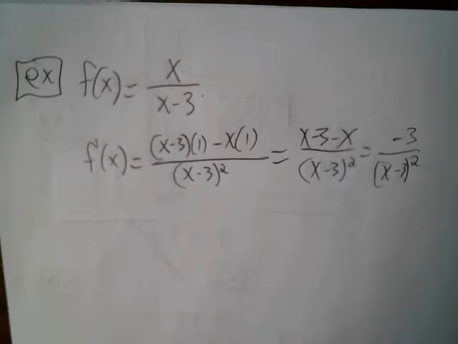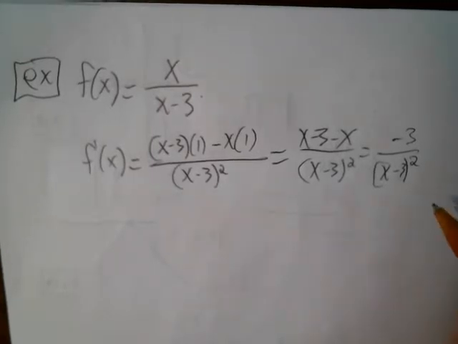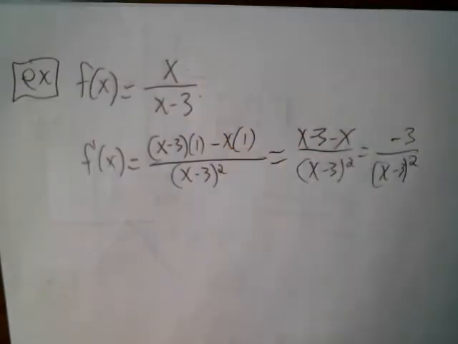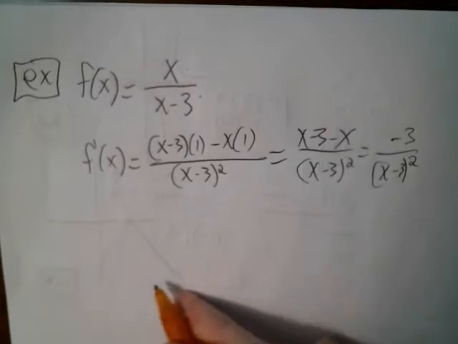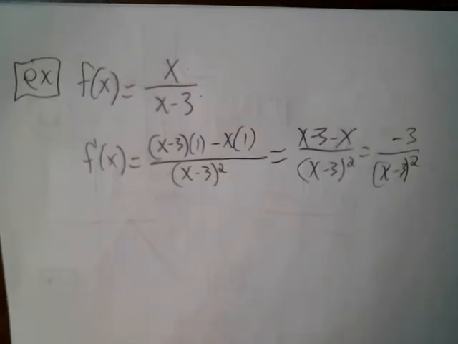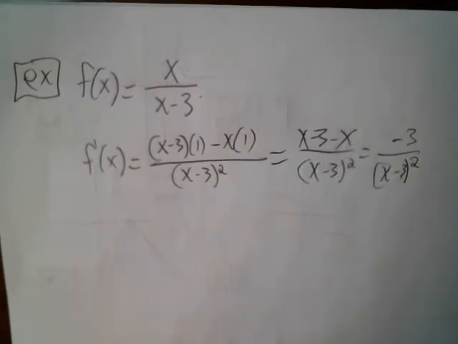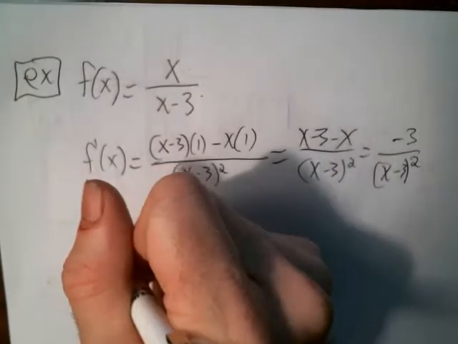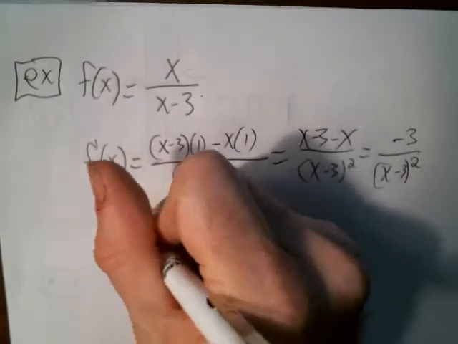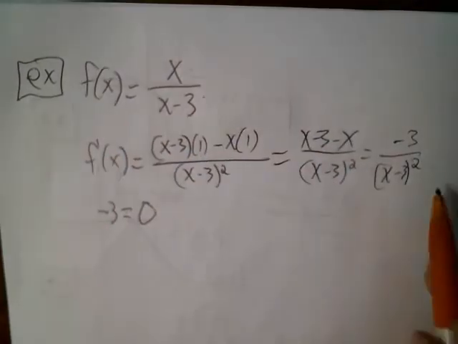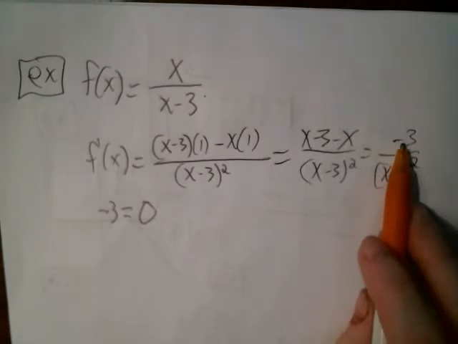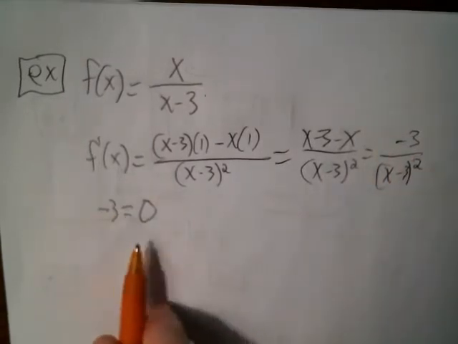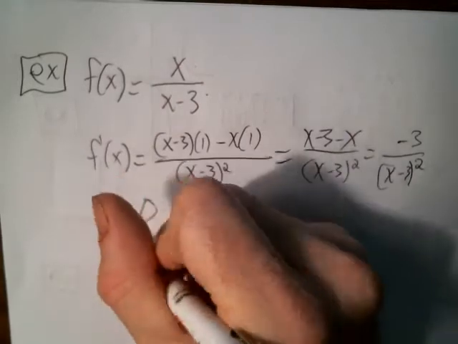So how would I find my critical numbers here? It doesn't even look like there are any critical numbers. Basically, this thing must have the same kind of slope on all of its domain. It's always decreasing. Anyways, let's take a look at how I would find the critical numbers. And this is turning out to be an incredibly bad example. What I would tell students is to set the numerator equal to 0, and here there's none.